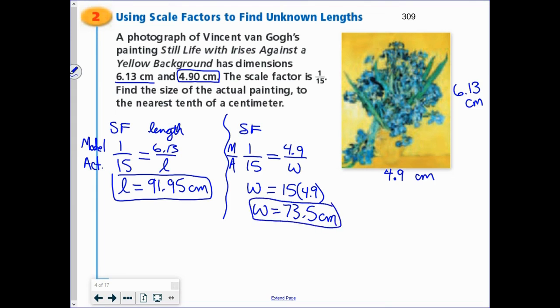And I just realized, hey, I made a little error back here. I didn't write in what I did to get this 91.95. So I'm going to scratch that off here a little bit, and I'm going to go back and write that in.